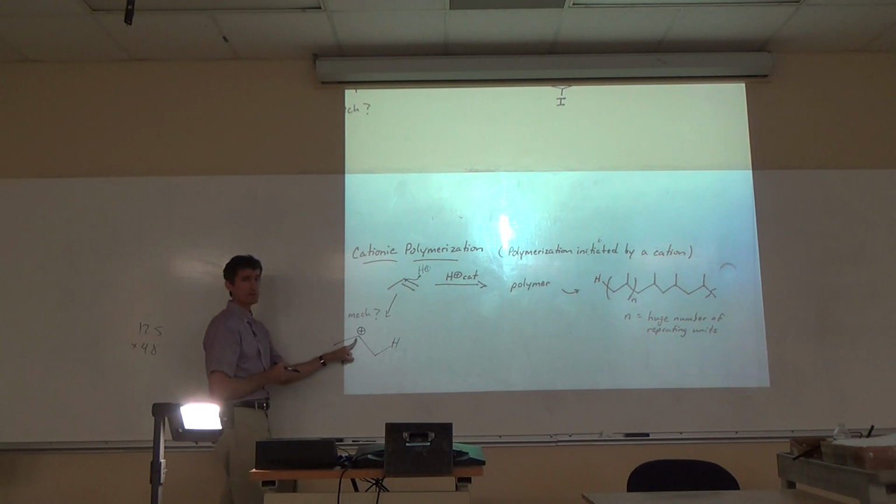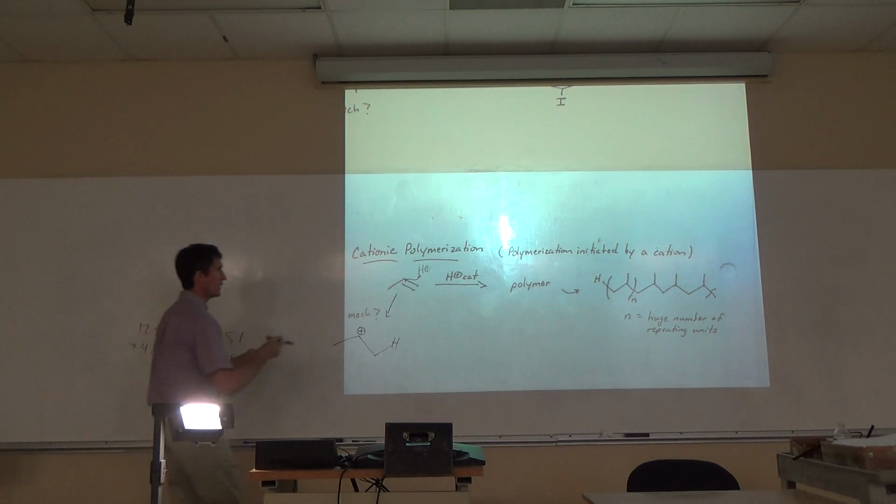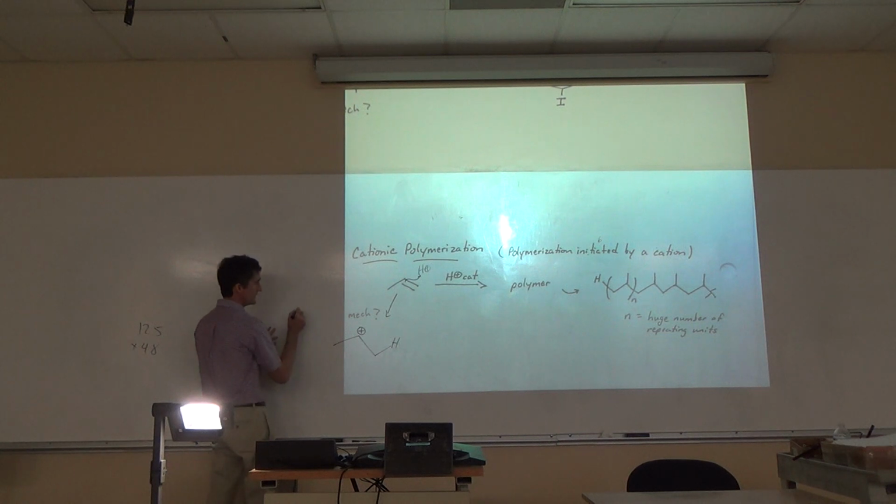What else can attack here, though? What's a polymer definition? Multiple things. It keeps reacting with itself over and over. We come in with another alkene. Can an alkene attack a carbon plus? Yeah.